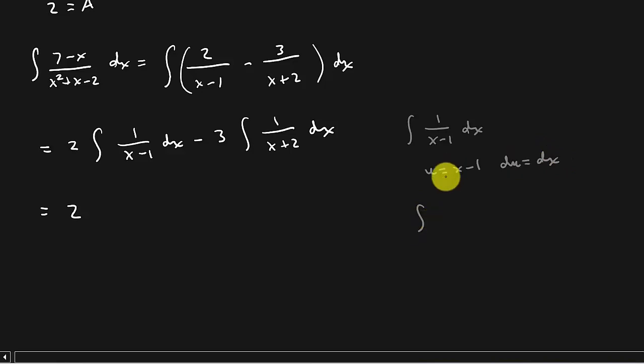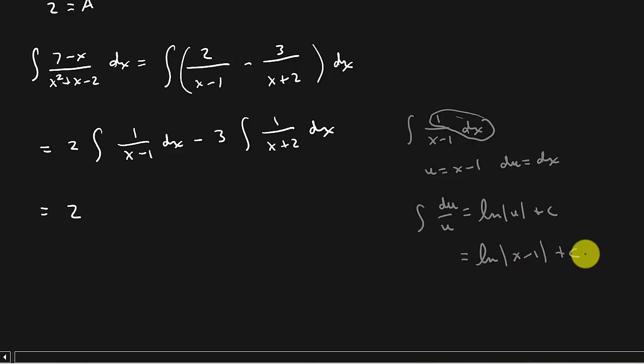So I can replace the x minus 1 with u, and the 1 dx with du. And this is what? Natural log absolute value of u plus c. Then I plug the x minus 1 back in for u, and that would be the antiderivative of this, which would be natural log absolute value of x minus 1.